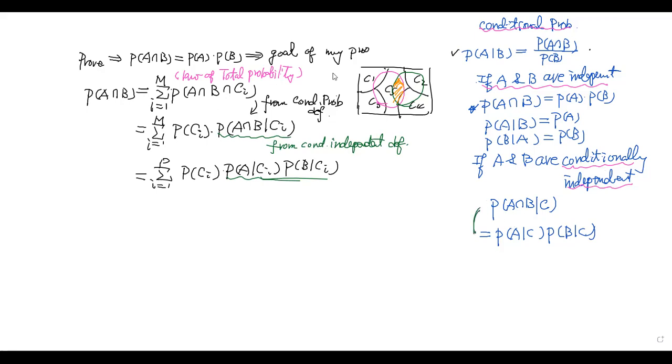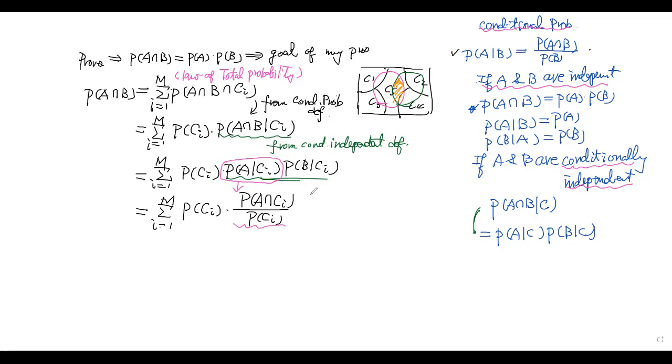Okay, so now let's continue. Here this is the summation, i from 1, sorry, here should be n, of the probability of Ci. This one here will be the probability of A intersect Ci, from this term turning into this term.